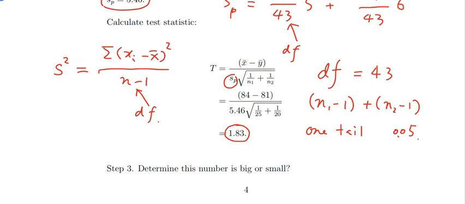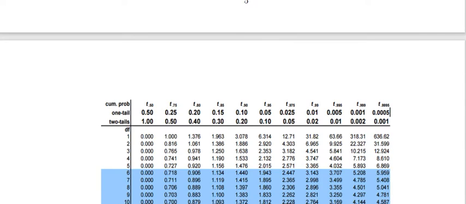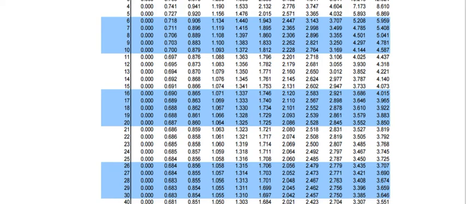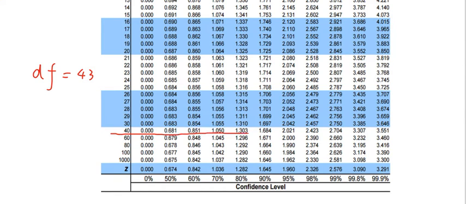So let's check the T table. Degree of freedom 43. But in the table we do not have 43, so we just check a close one, which is 40. Check this line.